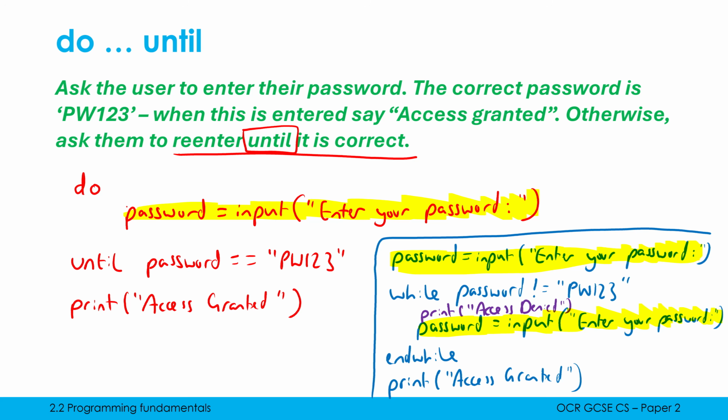However, here I can't really print access denied up here or even below this input line because this code runs at least once. So if I did put access denied here, the first thing the user would see would be the message access denied, which is not a very nice start to their day. So that's one flaw with do until. It's only really useful if you are just generally putting user input in your loop body. If you're putting anything else, like a customized message, we sort of need to still use a while loop, unfortunately.